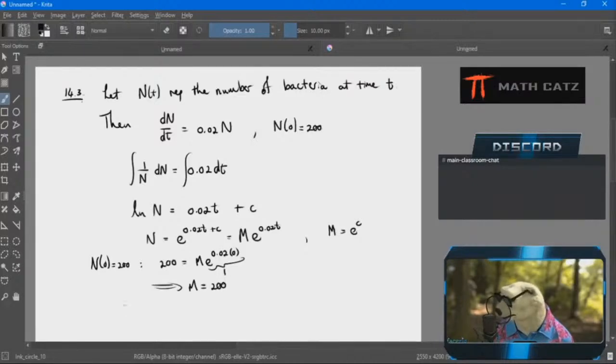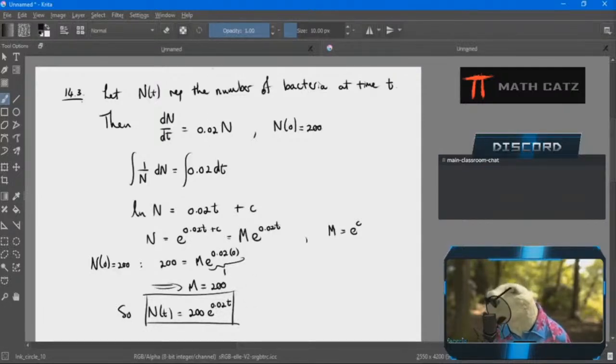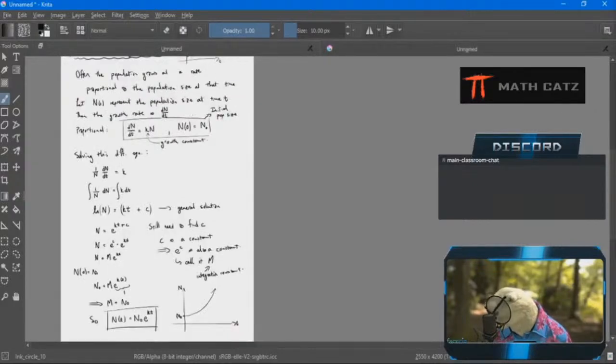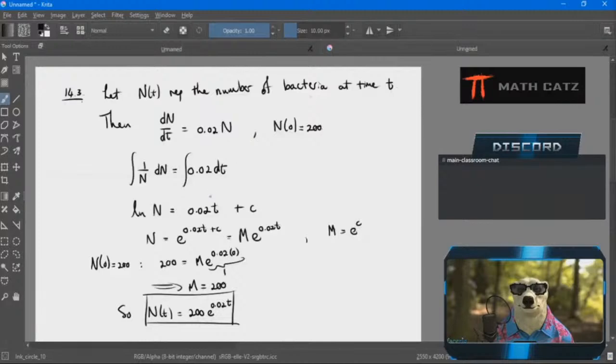So my function that describes the number of bacteria over time is 200 e to the 0.02t. Now, we know what this function should look like because we've done it in general, and it comes from the same looking equation.